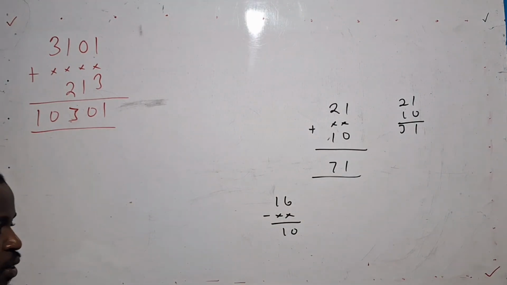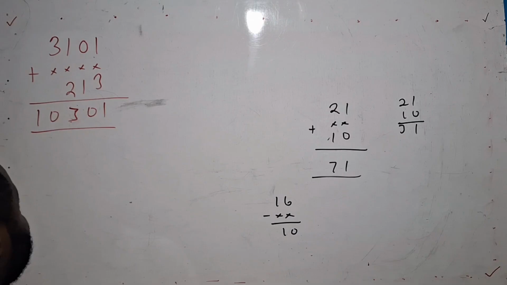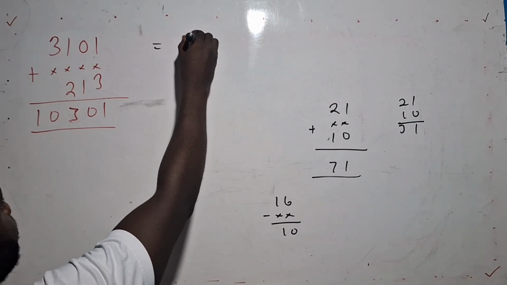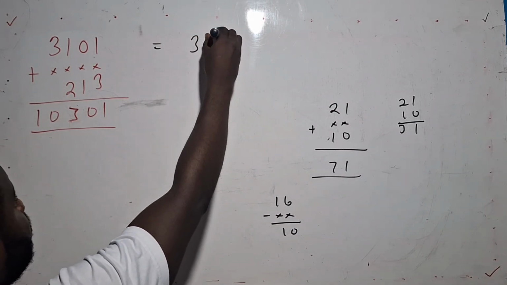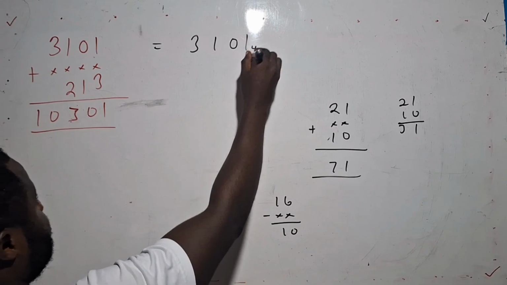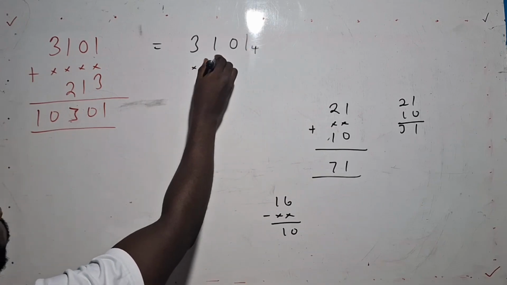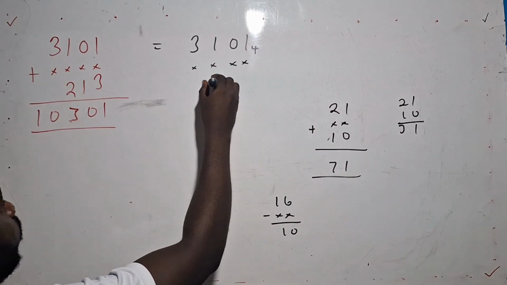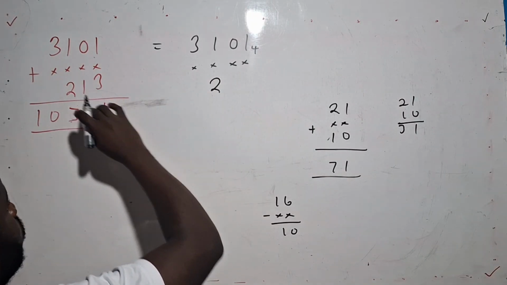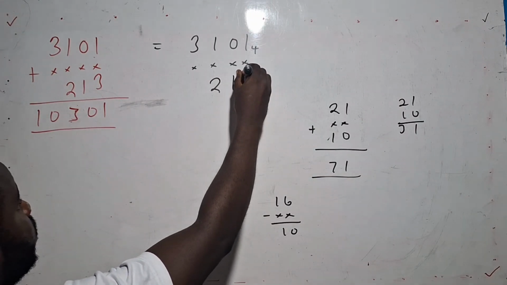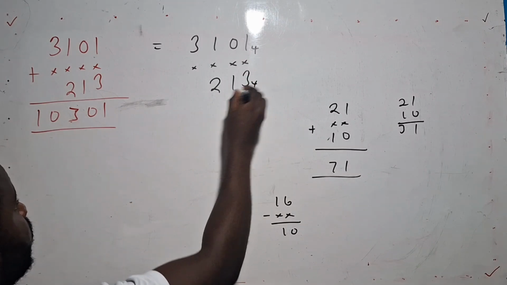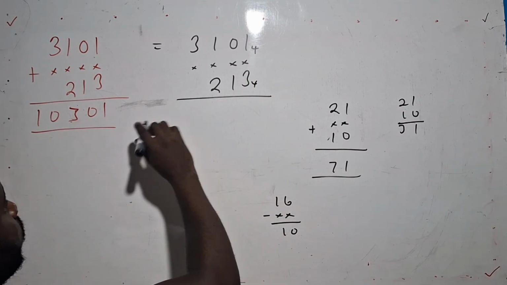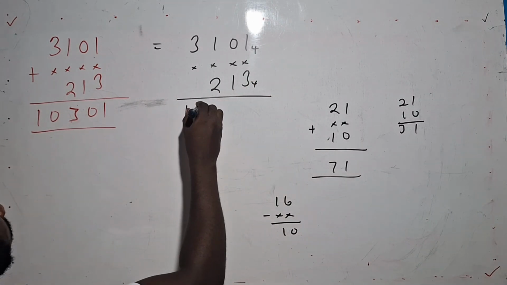But remember, they said the question was performed in base 4. So if I rewrite the question, 3101 base 4, then I have 2, 1, 3 base 4, 1, 0.